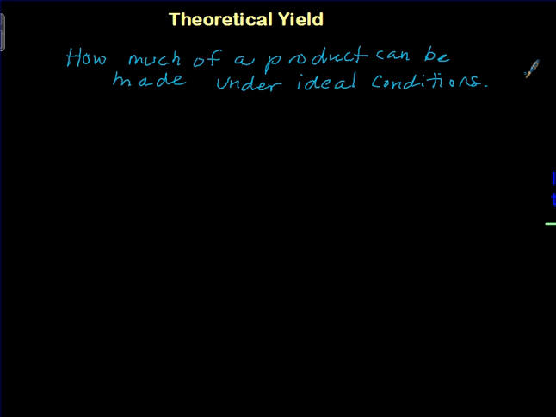So if everything goes exactly as it should, this theoretical yield, right? So how much you can make in theory, or how much you can yield in theory.